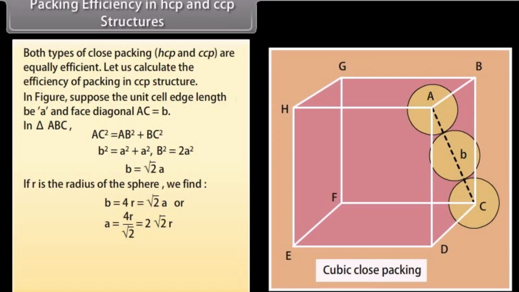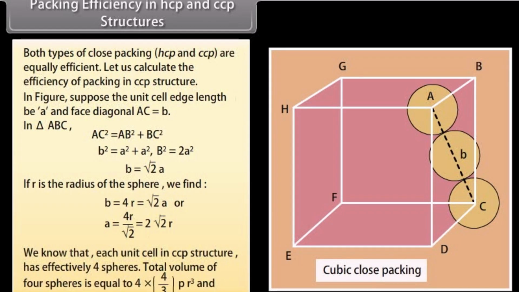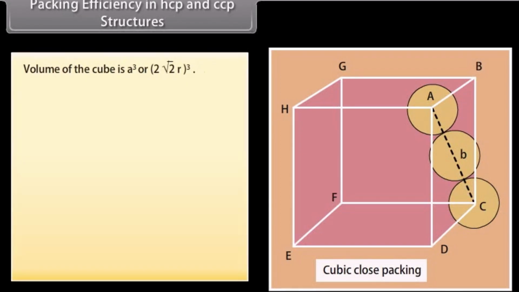We know that each unit cell in CCP structure has effectively 4 spheres. Total volume of 4 spheres is equal to 4 into 4/3 πr cube, and volume of the cube is a cube or (2 square root 2 r) cube.